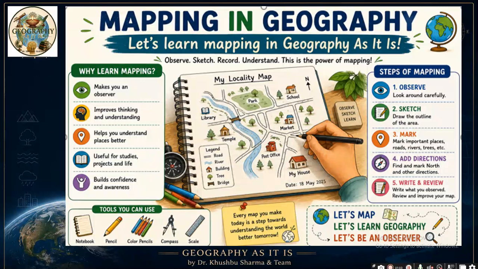You become a very keen observer, and by considering the direction, you point out those locations along with the streets and physical features for easy navigation. These are the steps involved: you become an observer, you sketch, you mark, you add the direction, and then you write and review.